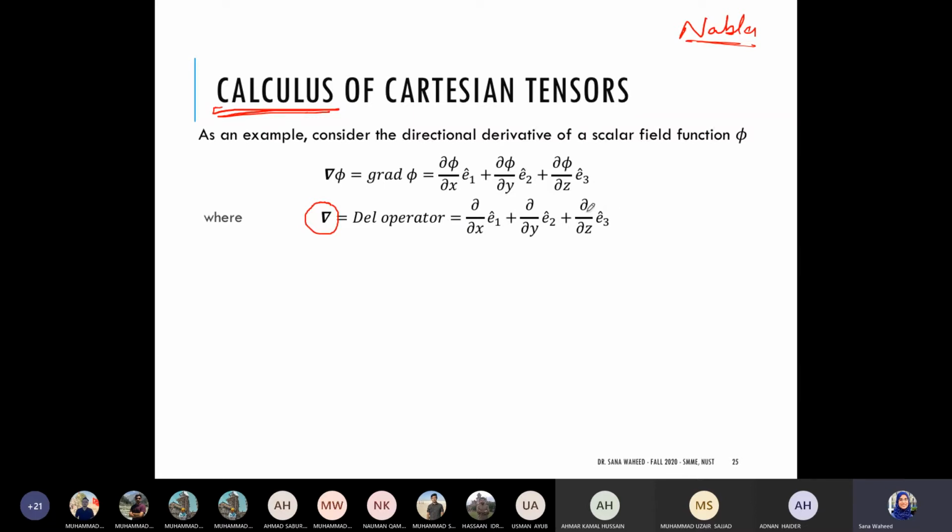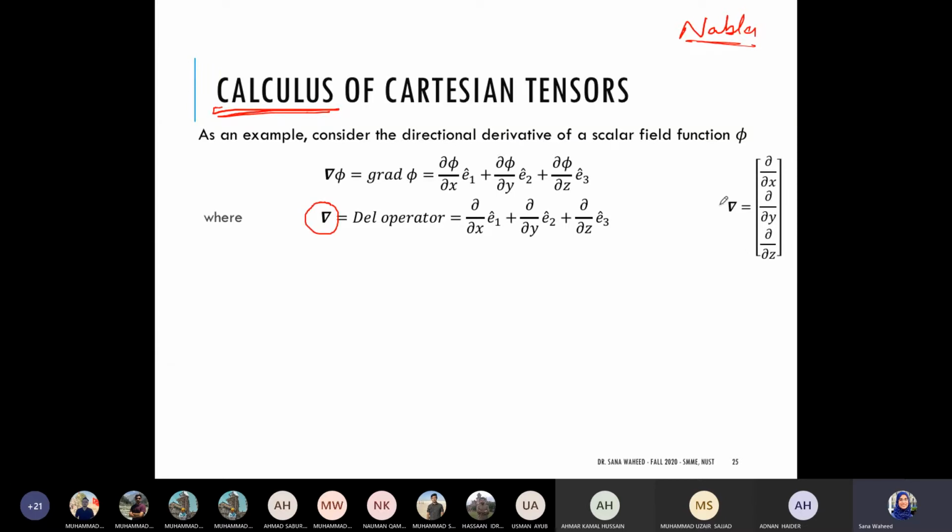Or if I write it in our familiar direct notation or vector notation, then that's how it's represented. It's the partial derivative with respect to x. Del by del x is the first component, the second component is del by del y, and the third one is del by del z. Okay, so that's the del operator, which is giving us the derivatives in space.